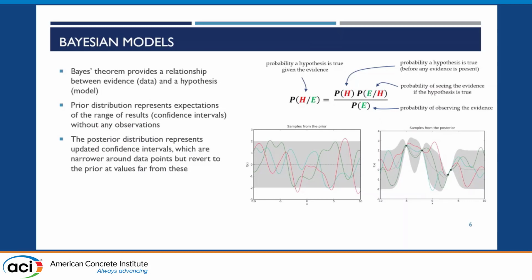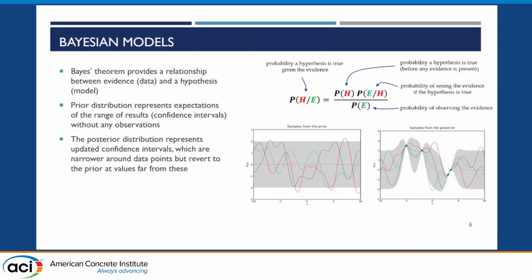Bayesian models. I'm sure most of you are familiar with Bayes' theorem. Unlike frequentist statistics, in Bayes' theorem you update your estimate based on the evidence you gain. And in machine learning models based on this theorem, you have a prior distribution representing the expectation of the range of your results without observing anything.